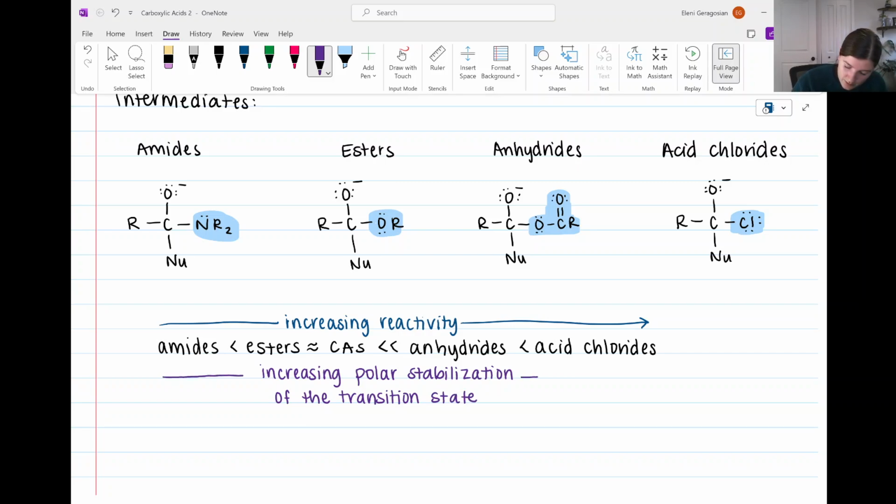So the transition state, as you go left to right, is more and more stable. That means the transition state exists at a lower energy. So less energy is required, less activation energy is required for the reaction to take place.